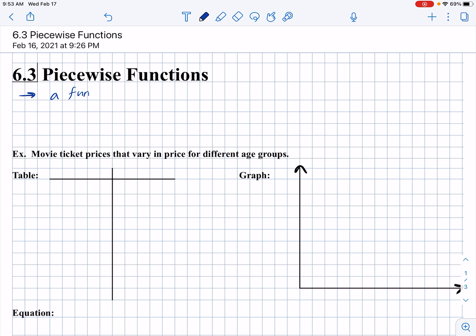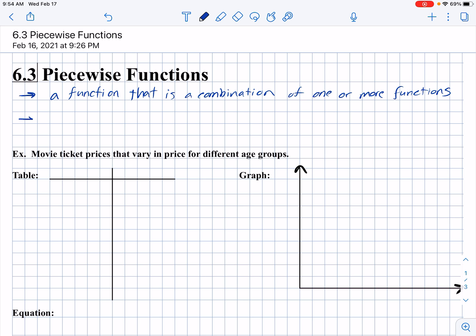A function that is a combination of one or more functions.